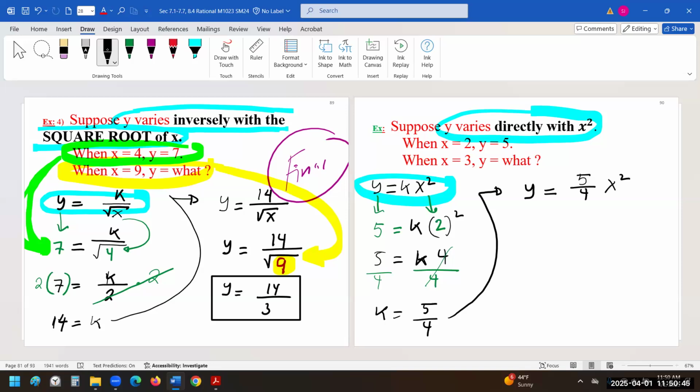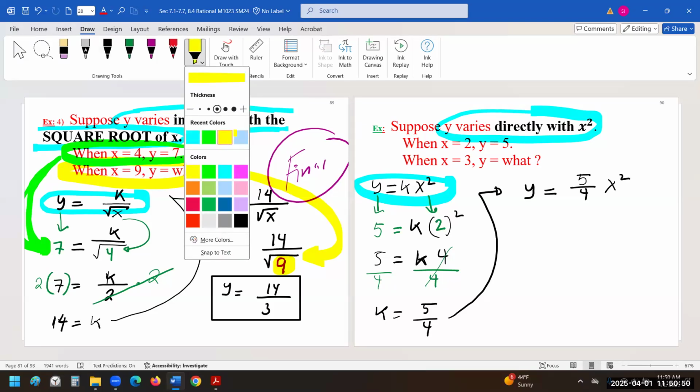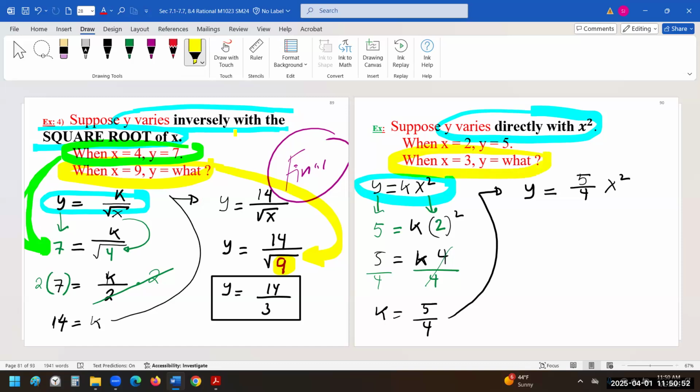Do we stop here? No, because they gave us more information. What do we do with this information? Sajja. So 5/4. Our x is 3 squared. And what is 3 squared? 9.